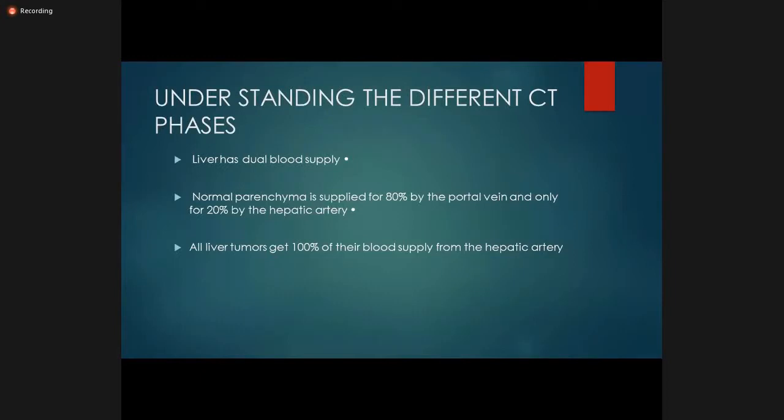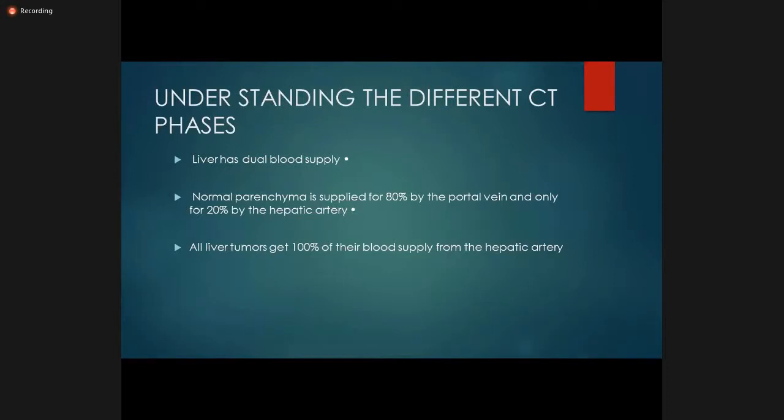Once the contrast is injected into the vein and then circulates through the system, then based upon the appearance of the contrast in the liver, different lesions can be identified. Some lesions are seen in the early phase, some in the later phase, and some throughout.